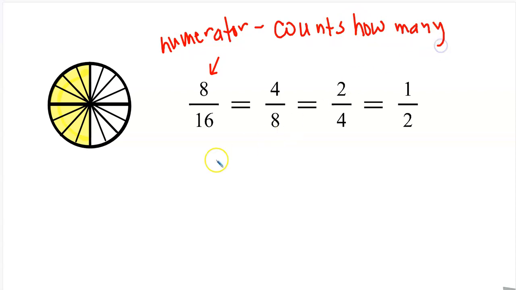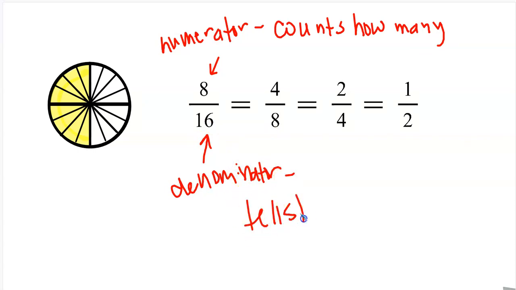And then the denominator, which is the bottom number, tells you the size, right? So right now, you can see it really is a half of a pizza that's been highlighted, but the numerator counts how many. So right now I see 8 pieces and the size are 16ths, right?